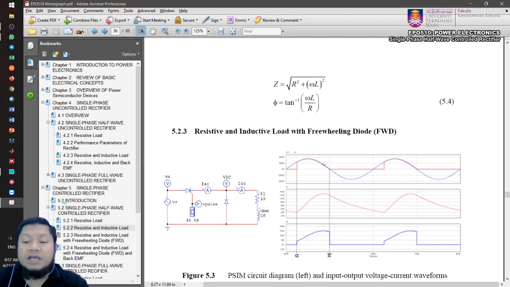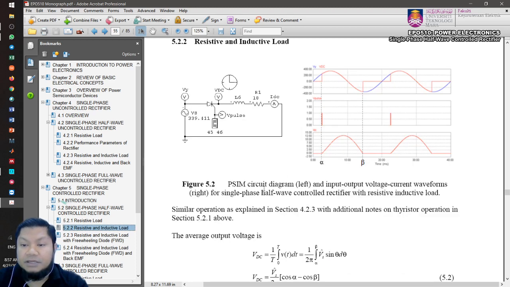And this is because if you look at the original circuit of the half wave controlled rectifier without this diode here, you're going to see that there is a negative area. Okay, so if you look at this waveform, there is a negative area here, isn't it? There is always a negative area.